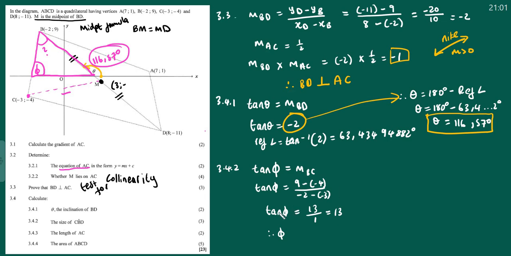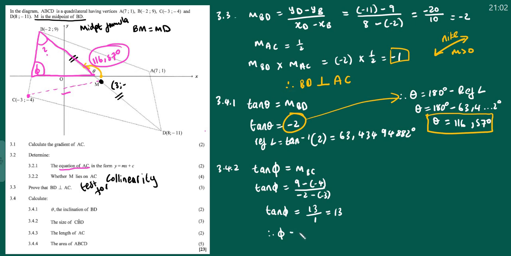No, I said when the gradient is negative, your angle is bigger than 90, so we have to say 180 minus the reference angle. When do we add 180 to the reference angle? We never add. Okay, sir, now I understand.